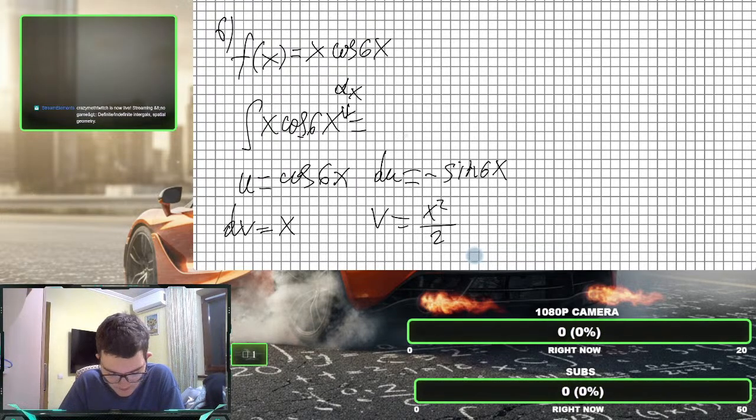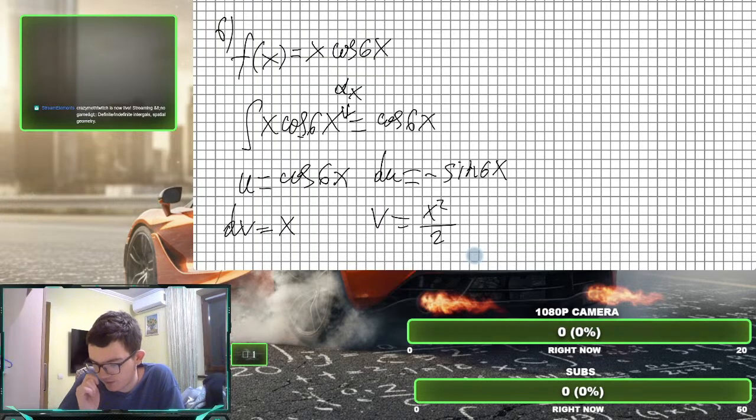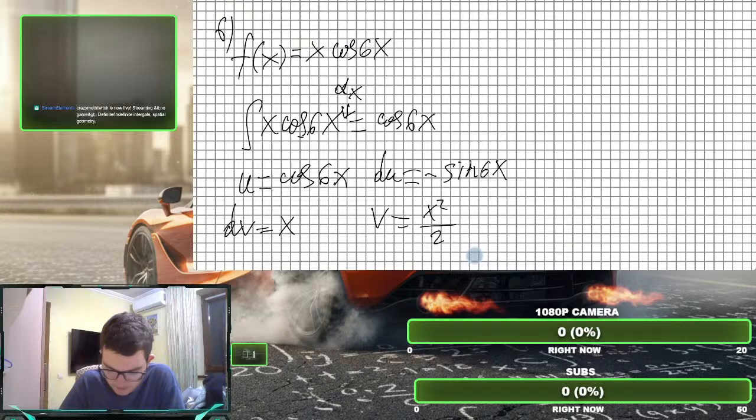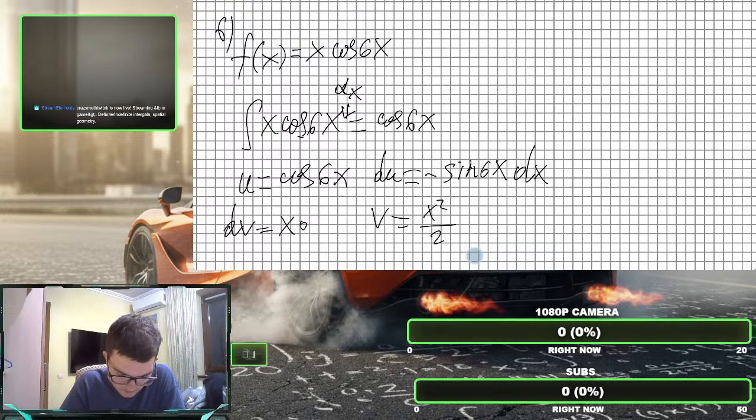So the formula goes like, first you go with the u, so cos 6x. I should remember from previous ones, when I did the derivative of something, I put the dx, so here should be dx, and here's dx, yeah.